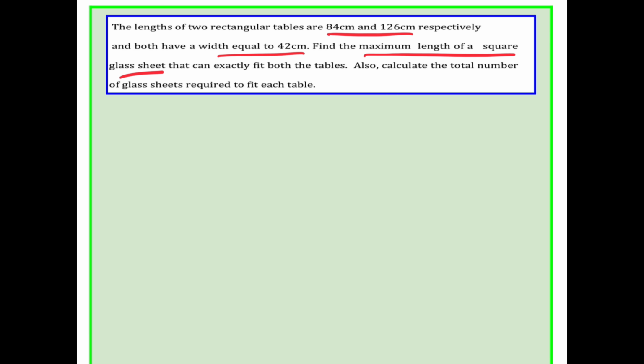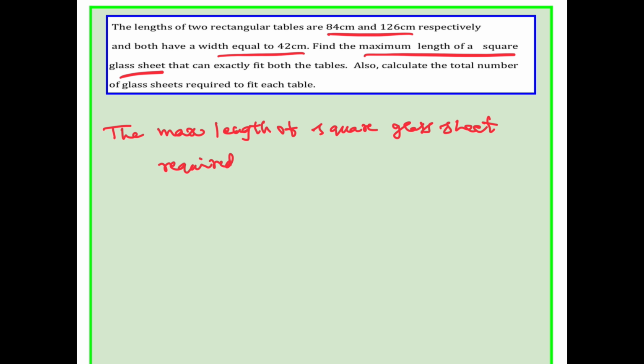The maximum length of square glass sheet required equals the HCF of 84, 126.